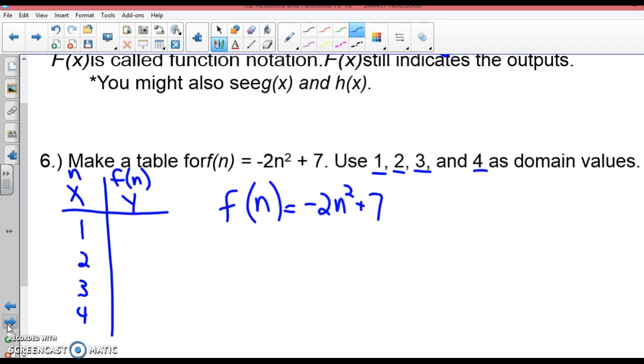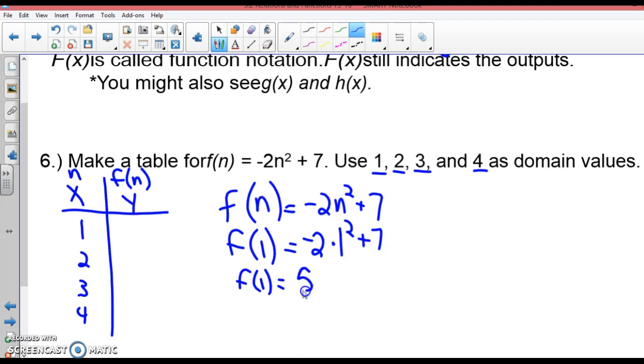Watch how I'm going to write this. F of 1 is negative 2 times 1 squared plus 7. All I'm going to do is substitute 1 in for n. That's my input. So, f of 1 is, what's 1 squared? 1 times negative 2 is negative 2, plus 7 is 5.